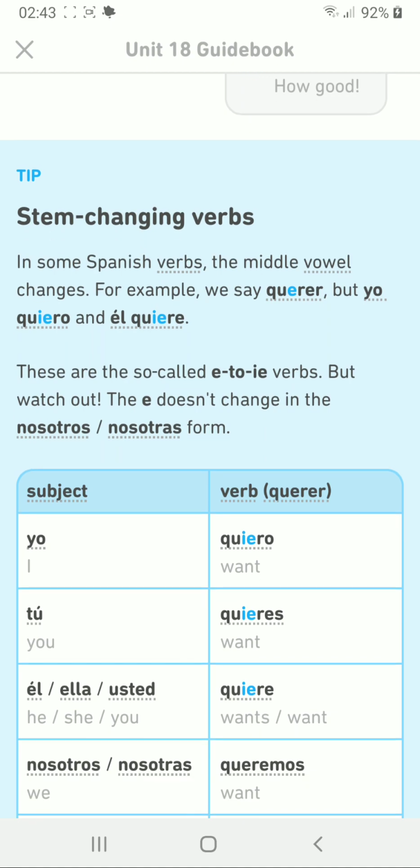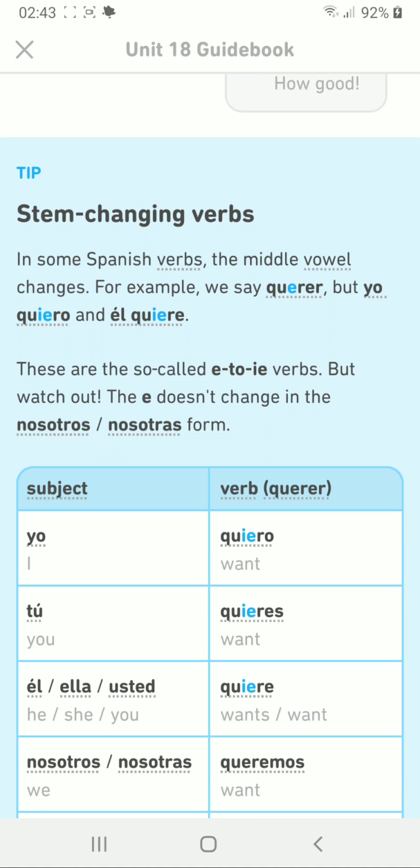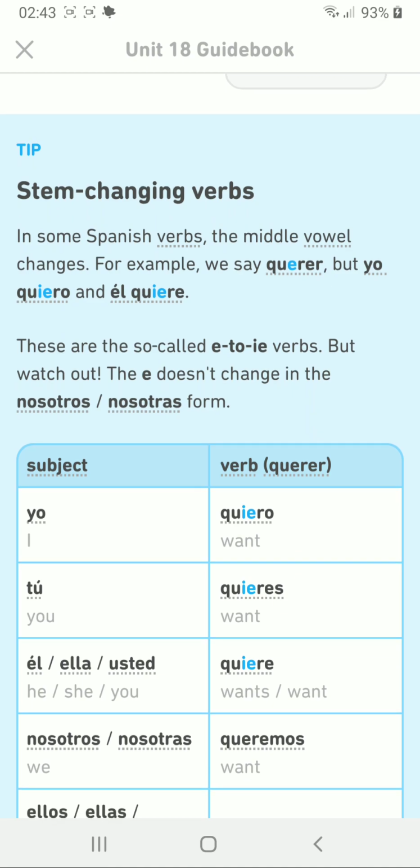Stem changing verbs. So some verbs like querer don't have the same stem. The stem changes. So in some Spanish verbs, the middle vowel changes. For example, we say querer in the infinitive form, but yo quiero, él quiere. These are the so-called e to ie verbs.